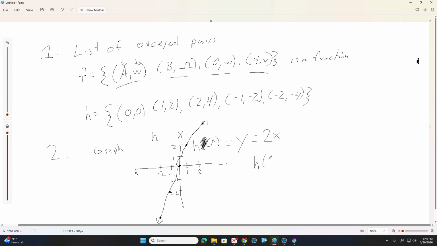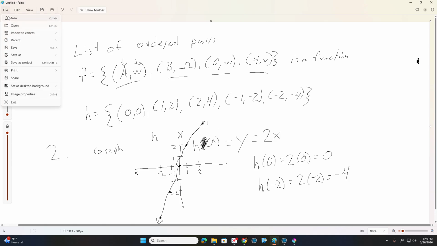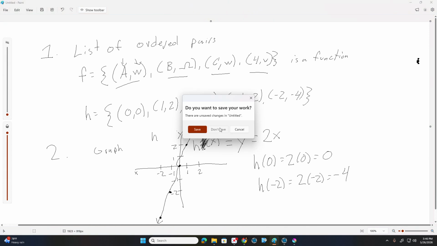We have h of 0 is 2 times 0, which is 0. We have input 0, output 0. We have h of negative 2 is 2 times negative 2, giving us negative 4. All well and good. Everything that we expected back from college algebra. Hopefully that's not new enough to be interesting.